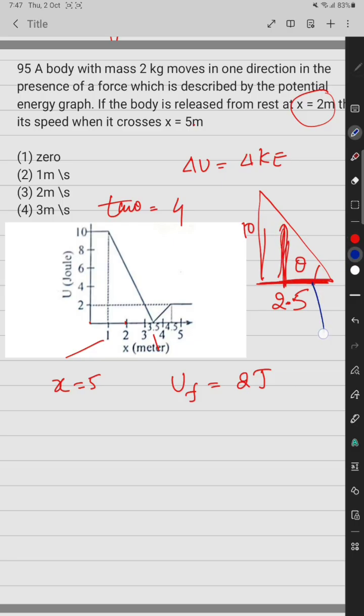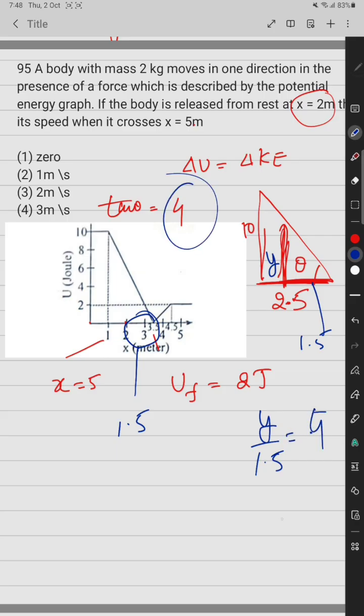If this is 1.5, that means the height is, suppose, y, meaning the potential energy is y. Then y upon 1.5 equals tan theta, and tan theta is equal to 4, therefore y equals 6. That means the potential energy is equal to 6 joule.